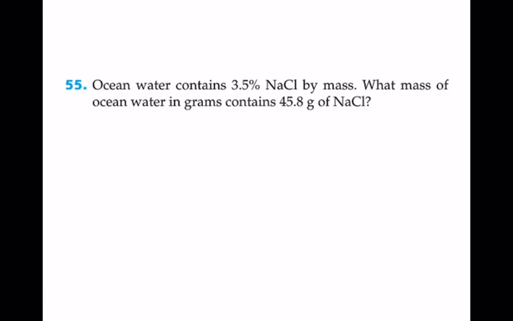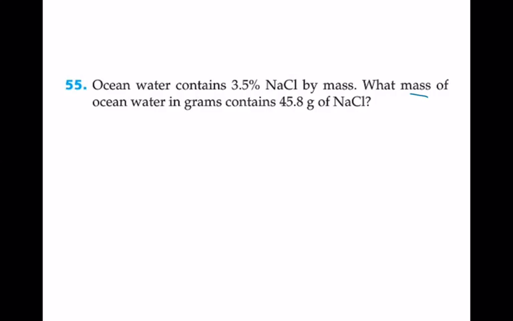The last one isn't as bad. Now instead of silver nitrate, it's sodium chloride. It goes back to something like we've been working on before. What is the mass of ocean water?